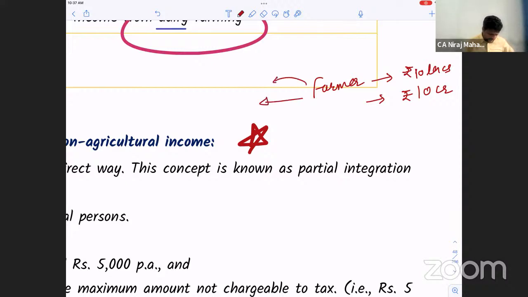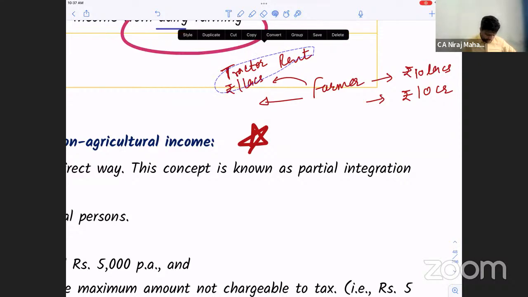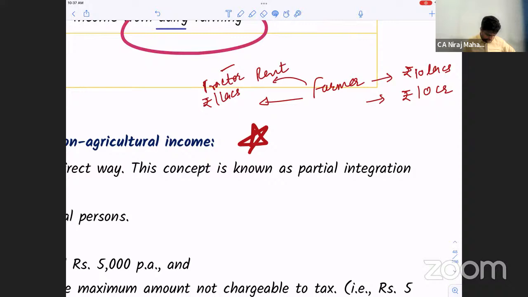But this farmer is giving, let us say, a tractor on rent, and let us say he earns rupees 1 lakh per annum. Same thing, let us say, for both the farmers. Now we have to tax their agricultural income also. A very tough point of view taken by the department.